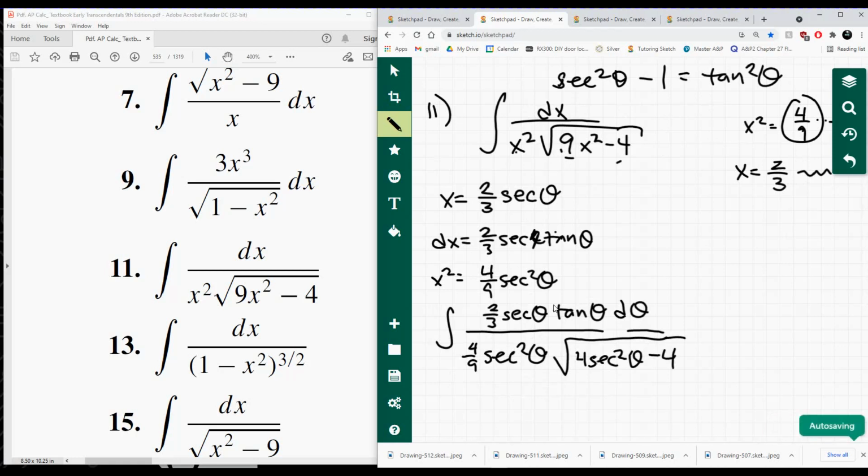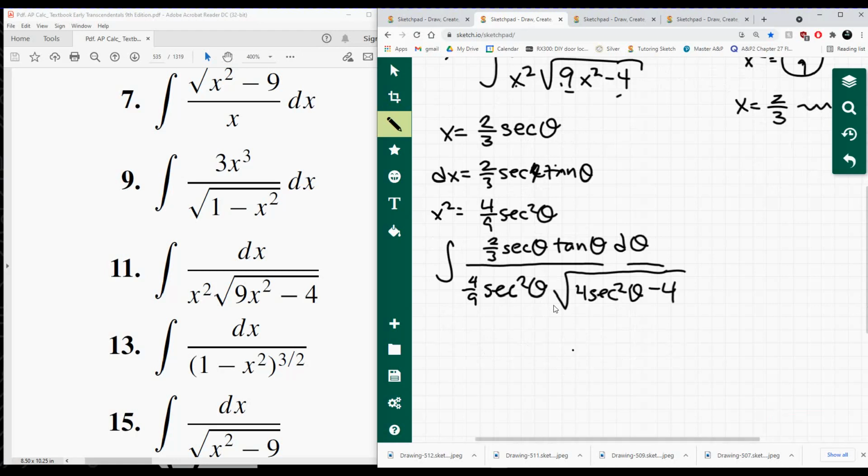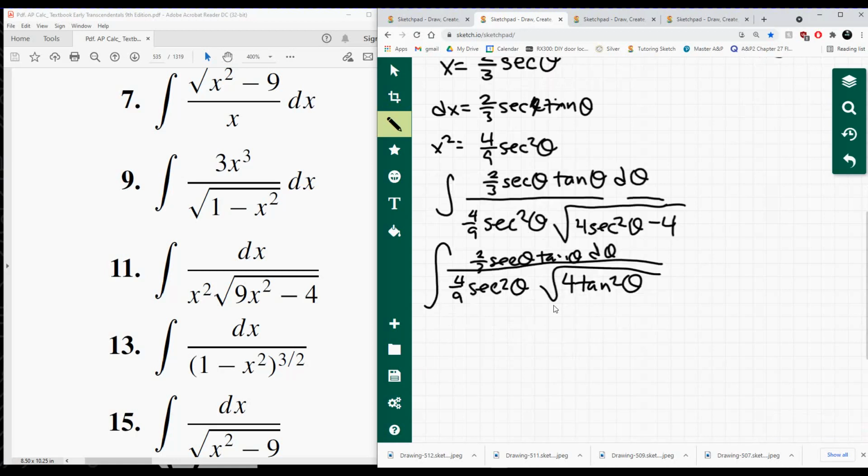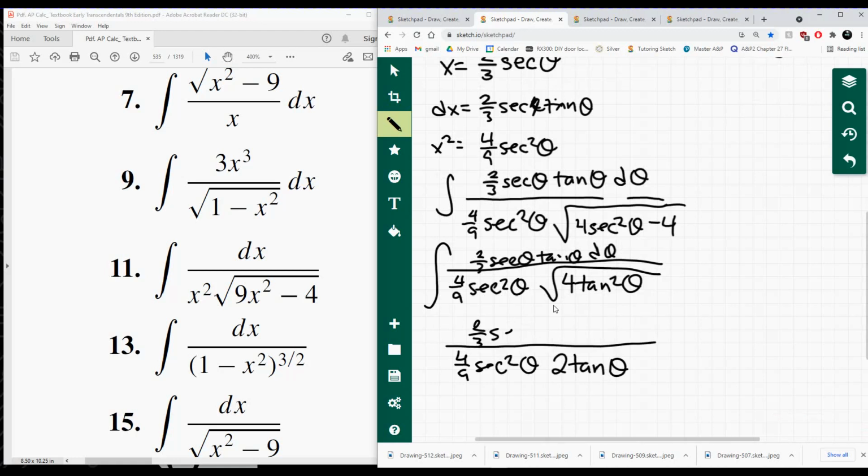This 4 secant squared theta minus 4 is going to give you 4 tangent squared theta, so we have 4 tangent squared theta under the radical, 4/9 secant squared theta, all over 2/3 secant theta tangent theta d theta. The radical itself, when we simplify, is going to be 2 tangent theta multiplied by 4/9 secant squared theta. The numerator is going to be 2/3 secant theta tangent theta d theta.